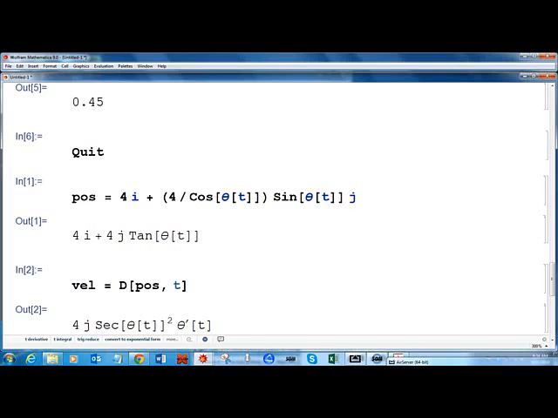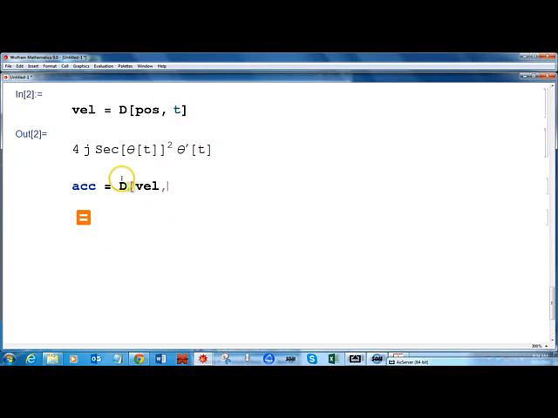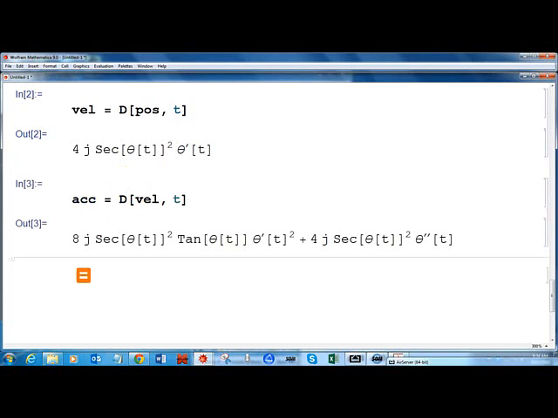How am I going to find acceleration? Take a derivative of velocity, right? Acceleration equals the derivative of velocity with respect to time. Okay, can you plug numbers into this? Do you have all these numbers?